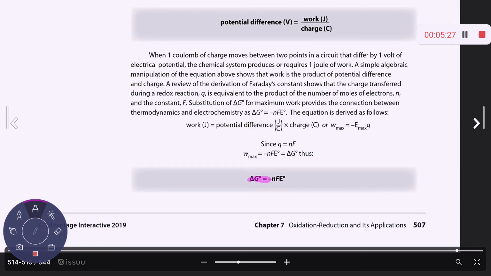Standard free energy is equal to the negative n, where n is moles of electrons. F is Faraday's constant. And then E is just the electrochemical or electrical potential difference.